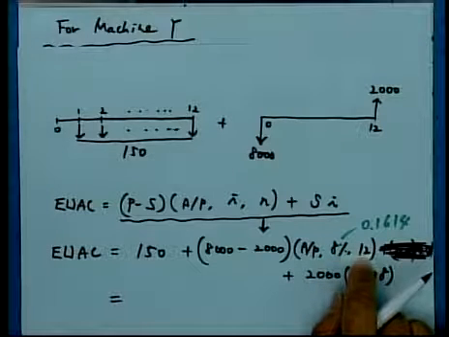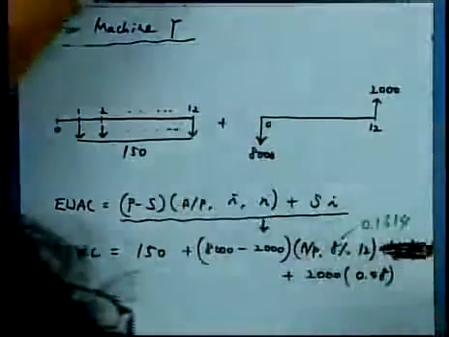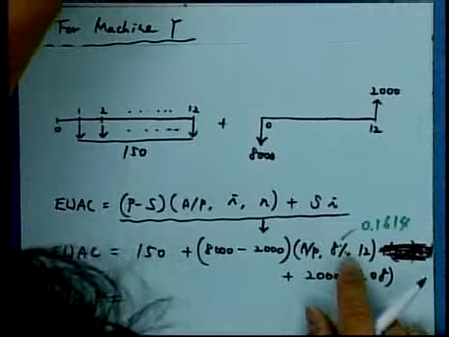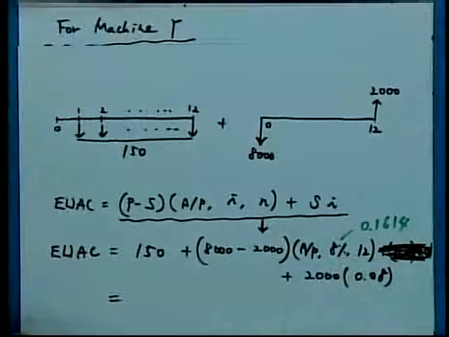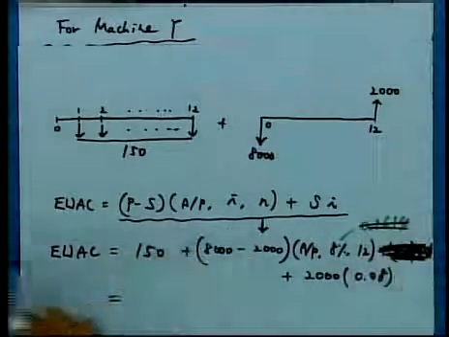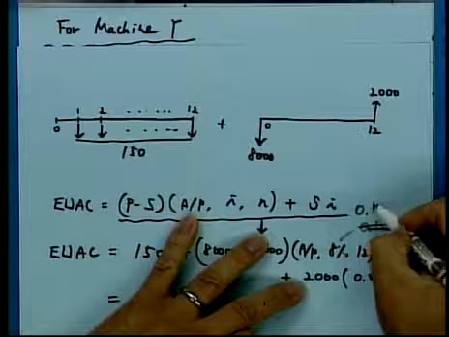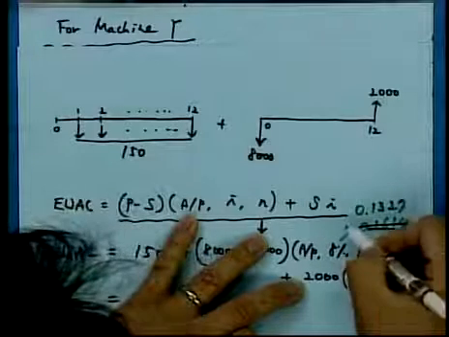I was looking for 12%. So for the 8% interest rate and A given P over 12 periods, it is 0.1327. Sorry. It's going to be 0.1327.